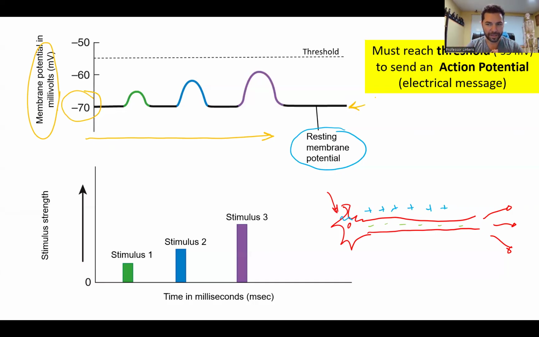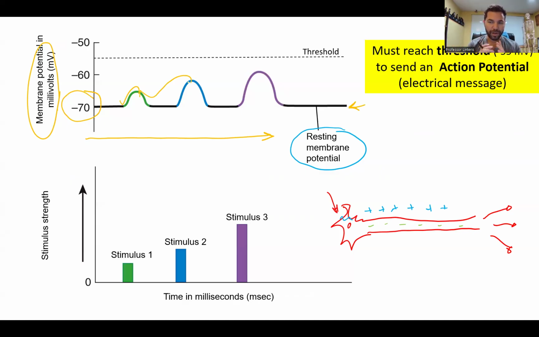It starts off negative. Specifically, it starts off at negative 70 millivolts, negative 70 mV. As this neuron gets stimulated, the charge goes up a little bit. A little bit of positive ions come in. As the neuron gets stimulated more, more positive ions come in, and that charge gets higher.